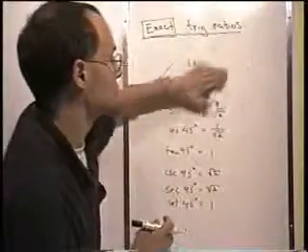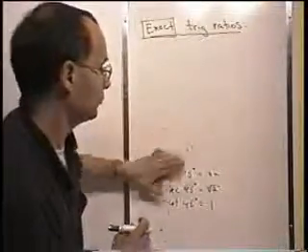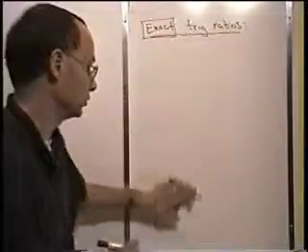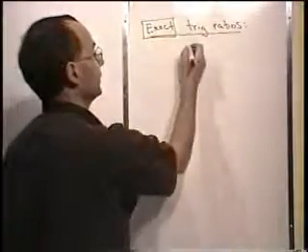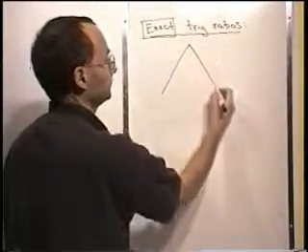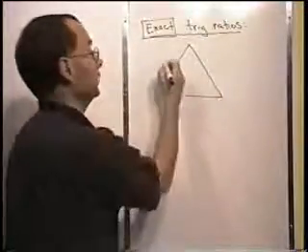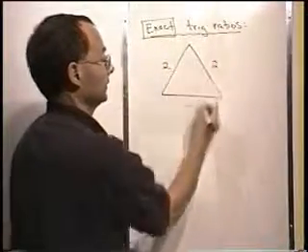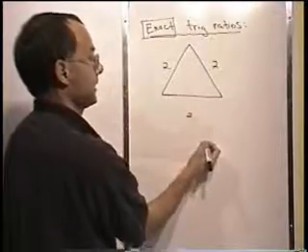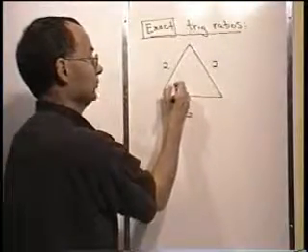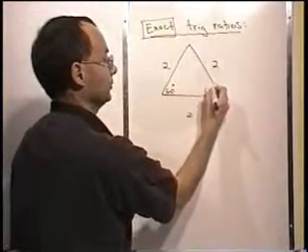The second triangle. This one is constructed from an equilateral triangle. What we do is take an equilateral triangle, and an equilateral triangle has all three sides the same length. And all the three angles are equal, 60 degrees.